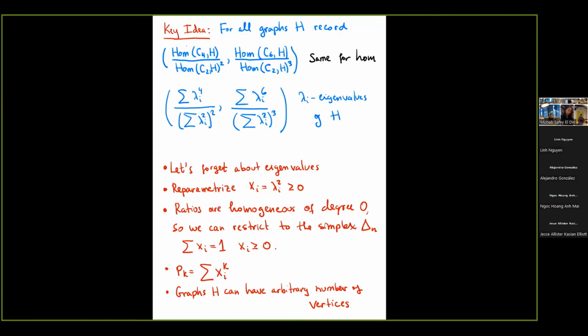So it's the same as saying that I record the 4th powers of eigenvalues of the adjacency matrix divided by the sum of the eigenvalues squared, and then the 6th power divided by the sum of squares. For every graph, I produce a point in the plane, and what we want to understand is what set we produce in the plane.